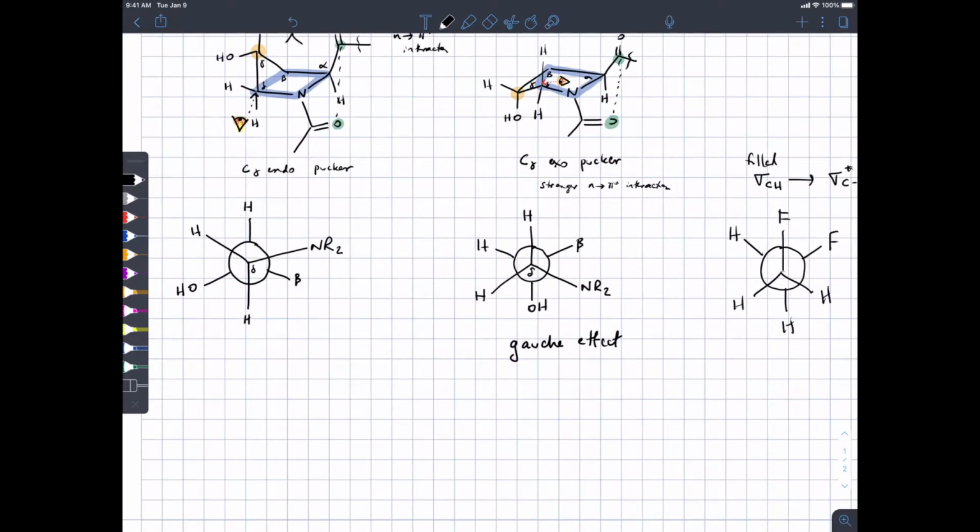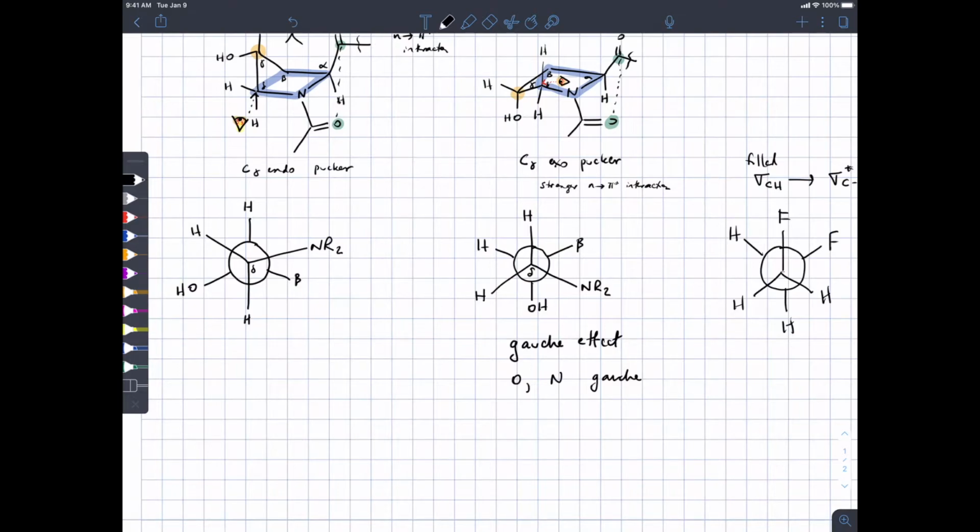So yes, when oxygen and nitrogen are gauche to each other, this allows for, remember, carbon-oxygen bonds will be lower in energy than carbon-carbon or carbon-hydrogen bonds.